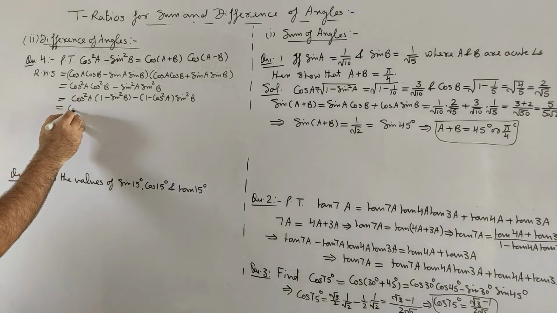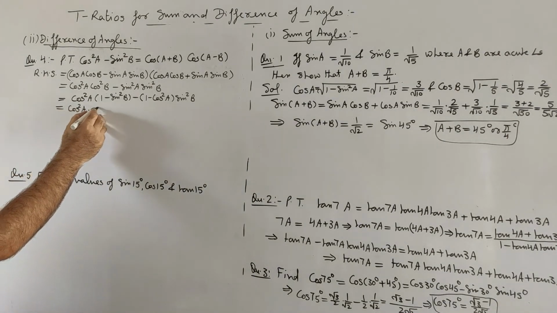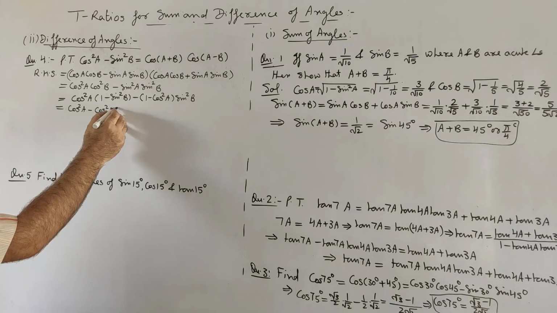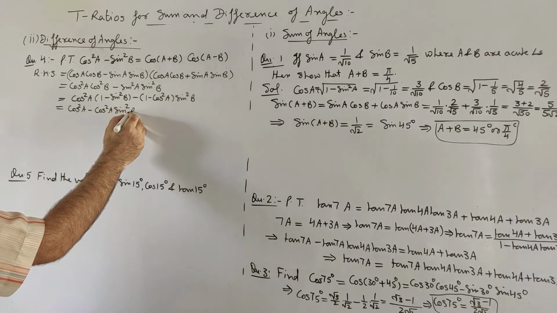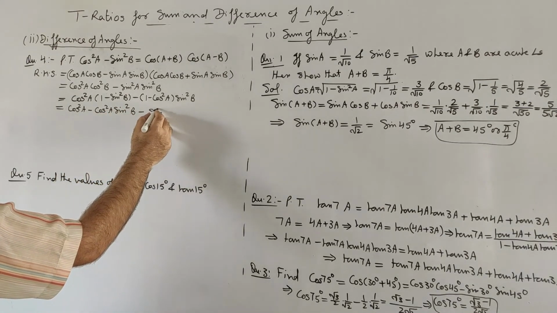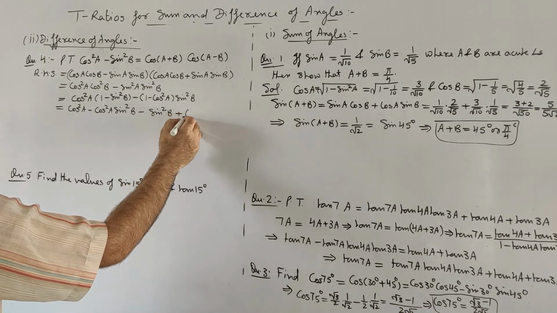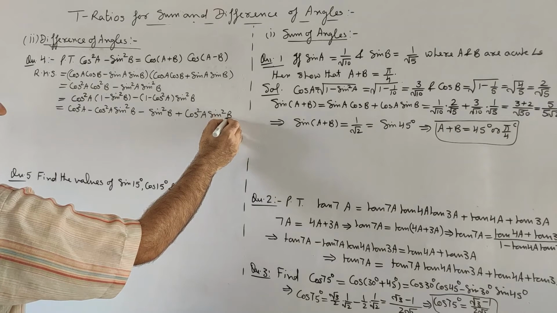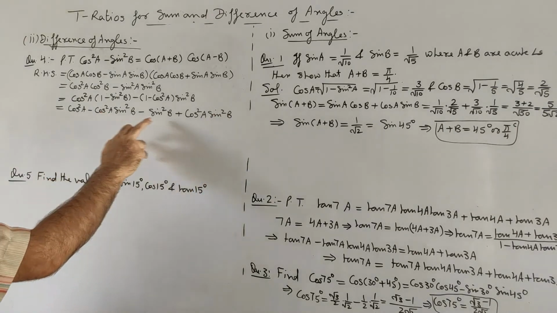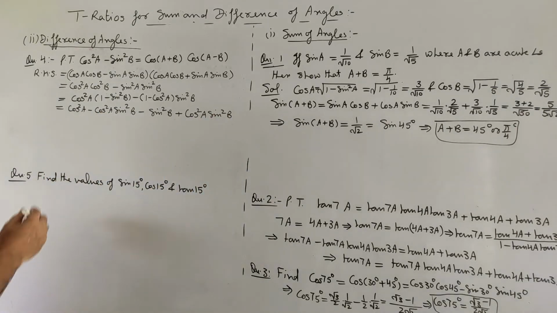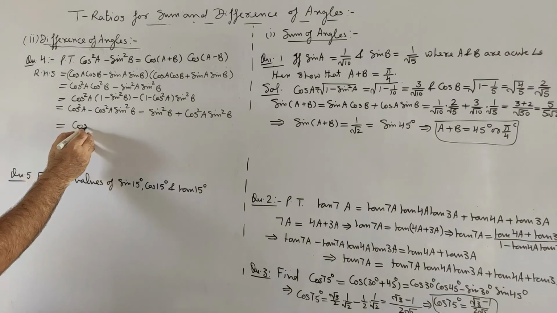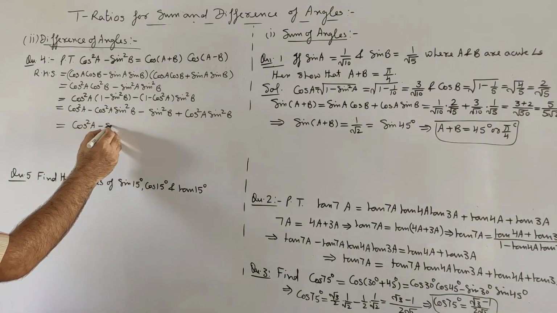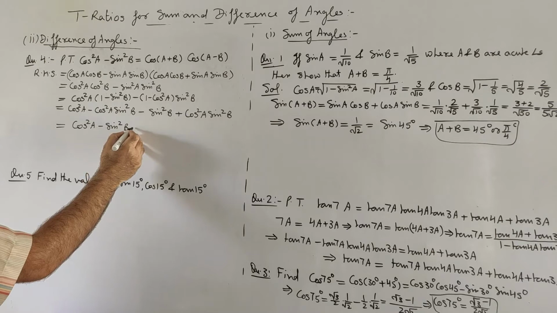This will be cos square a minus cos square a sin square b minus sin square b plus cos square a sin square b. Cos square a sin square b will get cancelled and we will get cos square a minus sin square b, and it is the LHS.